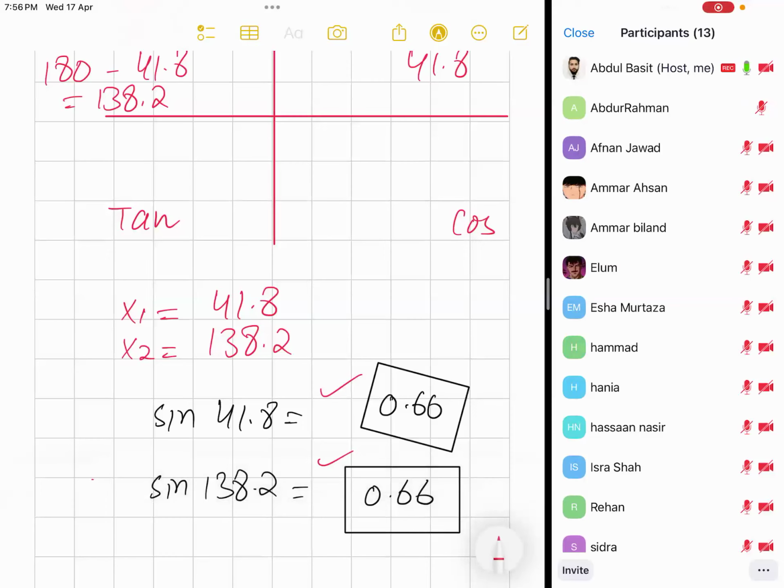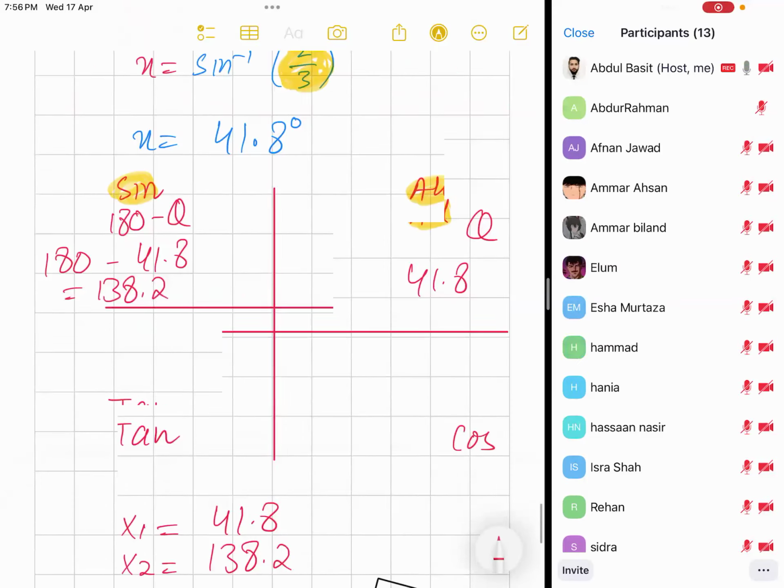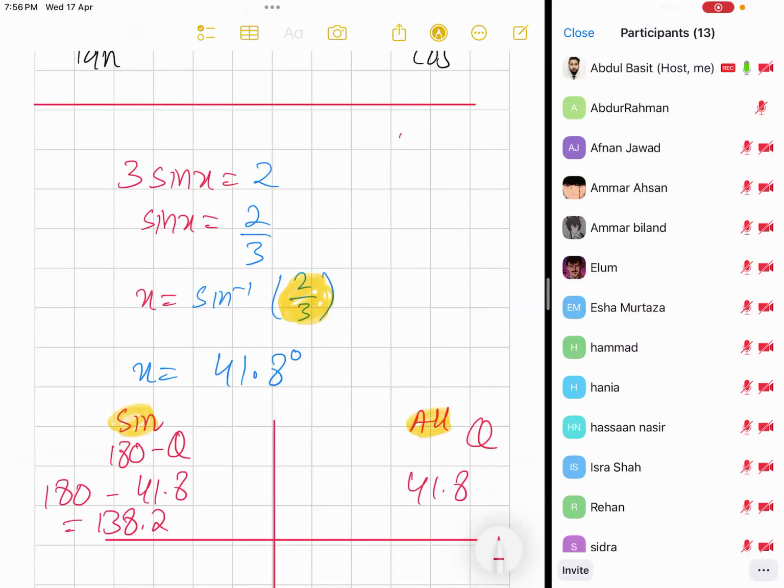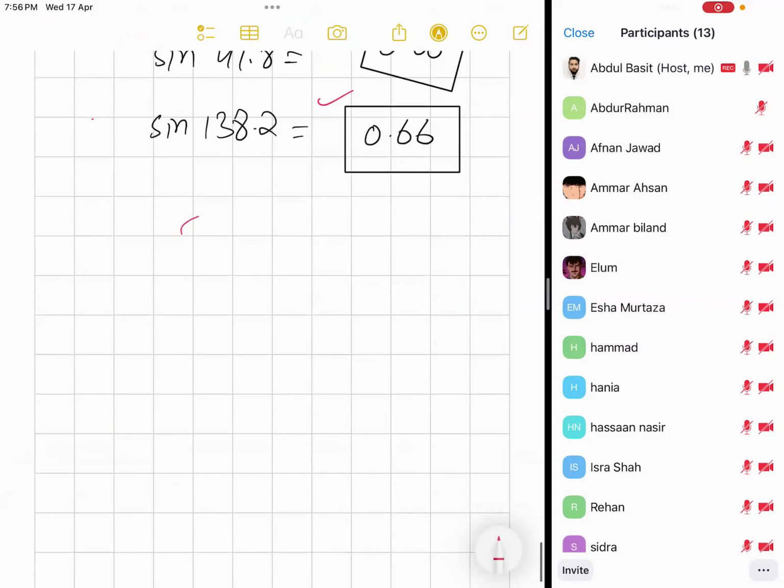Do you know why? Can you check that it is 2/3? Can you please check 2/3 is what? Isn't it 0.666 recurring?